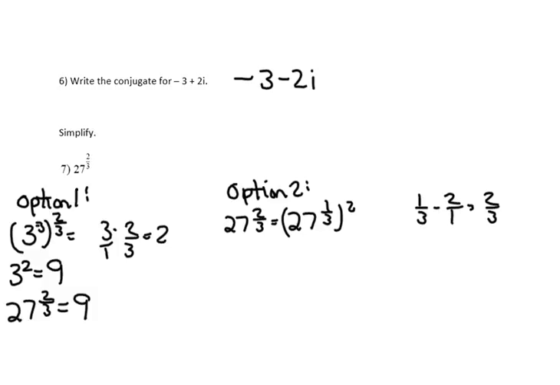Now, why did I put 1/3 on the inside? If you recall from a previous math course, that is the same thing as taking the cube root. So 27 to the 1/3 power is exactly the same thing as the cube root of 27. Well, what's the cube root of 27? That's 3. And when I take 3 and square it, I get 9, which is exactly the same answer we got from option 1.